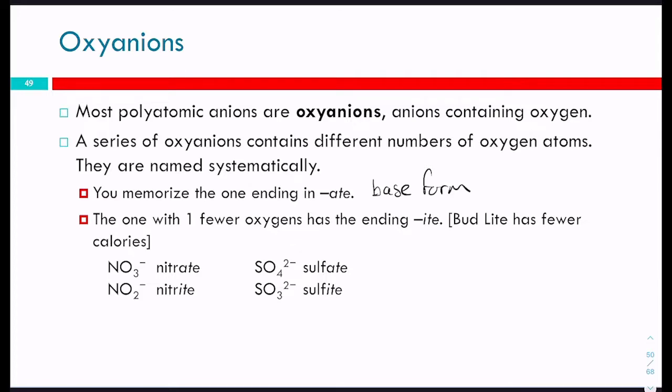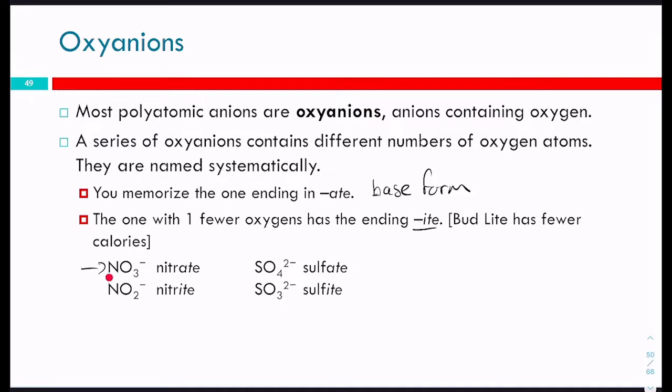One of these rules is that when the ending is ITE, that's 1 fewer oxygen than the ATE form. So for nitrate, that becomes nitrite. A key thing here is the charge doesn't change, but it has one fewer oxygen.